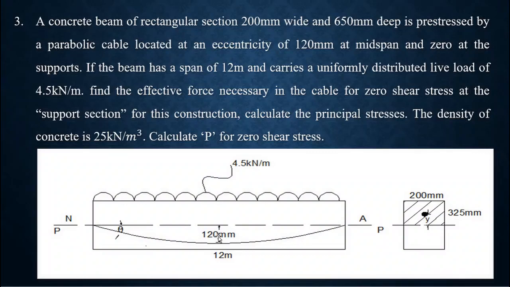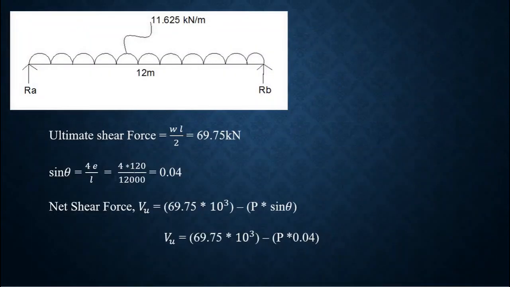Eccentricity is already given, that is 120 mm. Consider 4 into 120 whole divided by 12,000, converting 12 meter to mm, you will get 0.04 as sine theta.